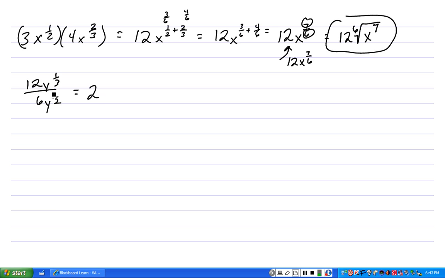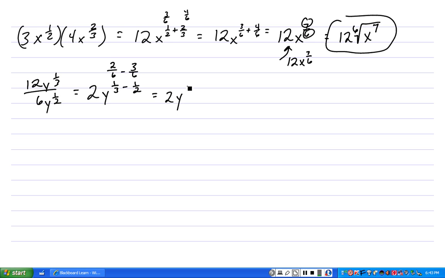All right, and we have the same base, y and y, so we subtract the exponents, 1/3 minus 1/2. The common denominator is going to be 6, so 1/3 is 2 over 6 and 1/2 is 3 over 6.